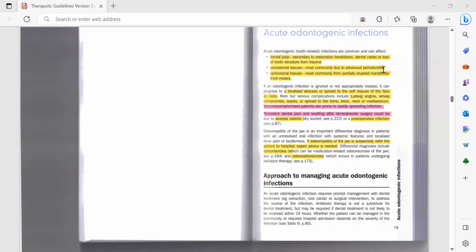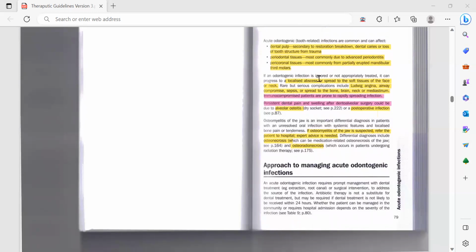They mostly occur in patients who already have a history of periodontitis. And then the pericoronal tissues, most commonly with partially erupted mandibular third molars. If an odontogenic infection is ignored or not appropriately treated, it can progress to a localized abscess.